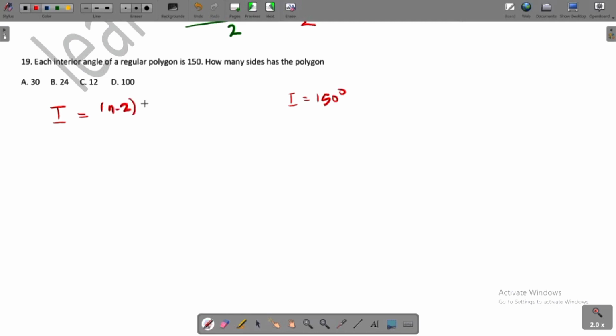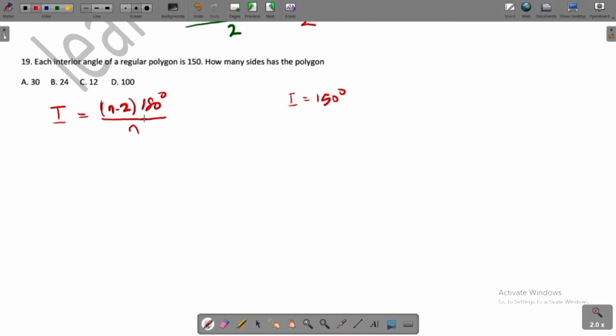I is equal to N minus 2, times 180 degrees. This is the bracket. And you have divided by N. That's the formula for finding the sides of a regular polygon if you are given an interior angle.